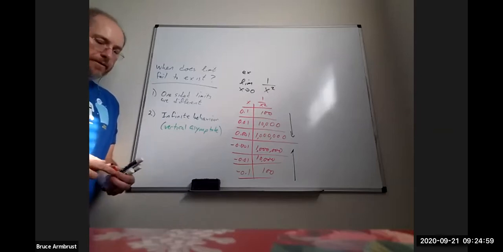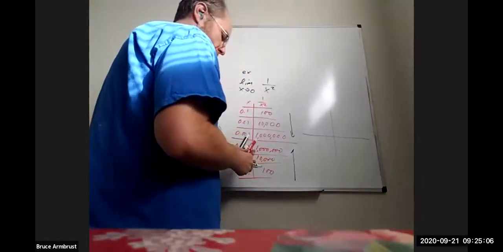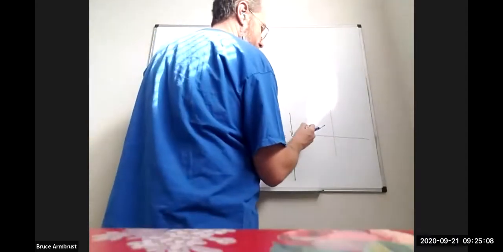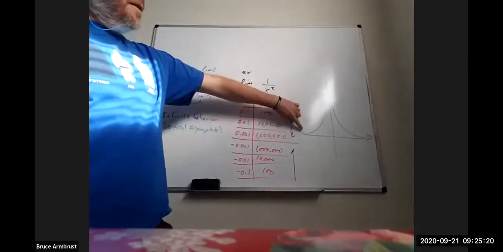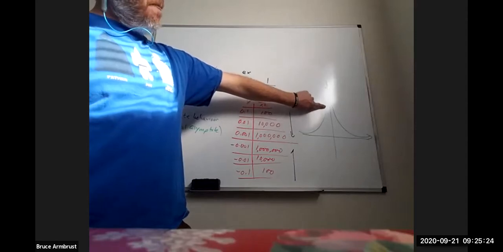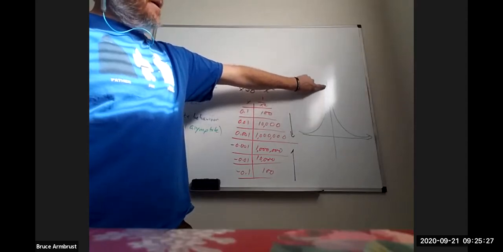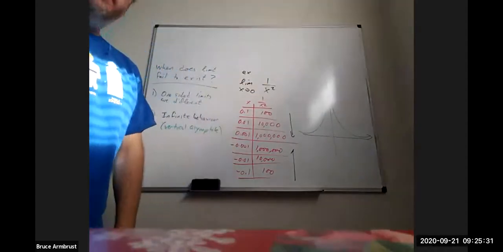They grow without bound. Graphically, 1 over x squared looks like this. Imagine that you're walking on this graph and approaching 0, say from the left. My y value just keeps getting bigger and bigger. I'm just going to keep going up and up forever.